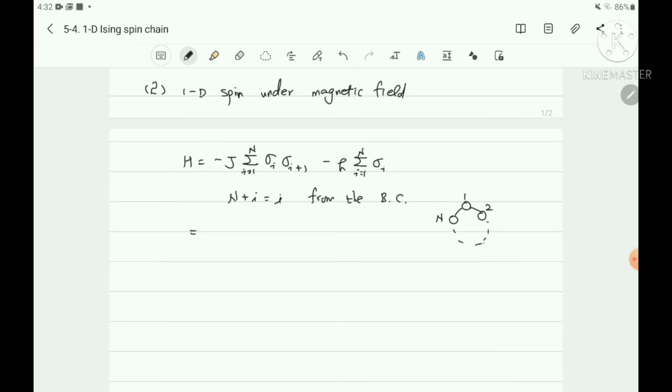Let's write it as minus summation i equal 1 to n, the first term J sigma_i sigma_(i+1), and in the second term, let's denote h/2 (sigma_i plus sigma_(i+1)), because of two interactions. It is an average between the nearest neighbors.